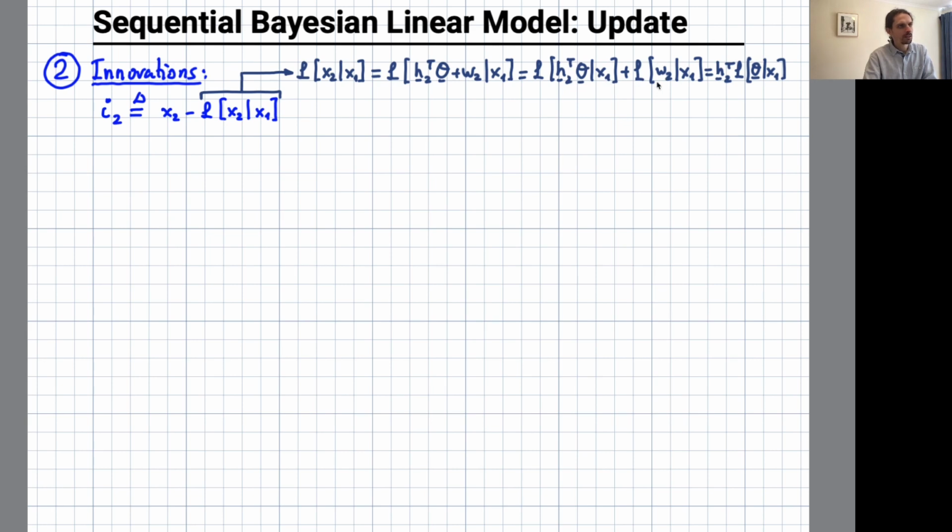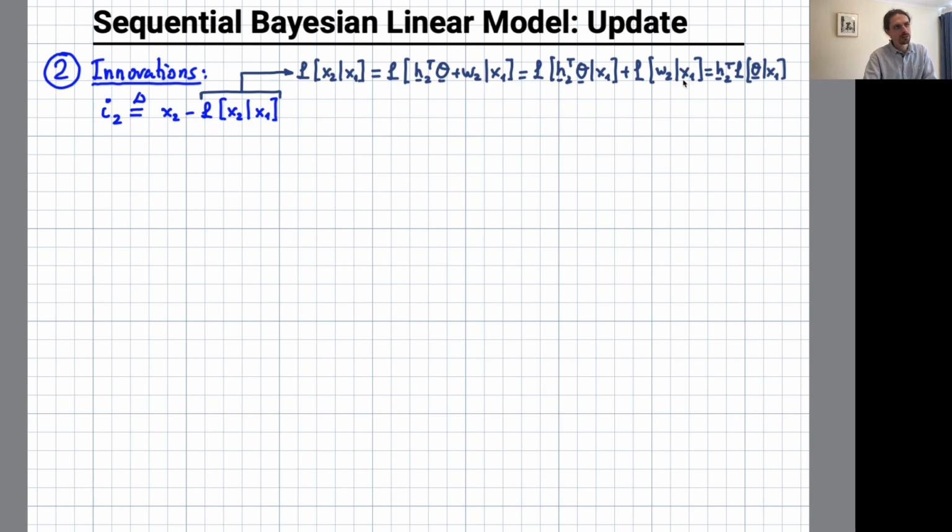And now we just need to realize that W2 and X1 are uncorrelated, and therefore this LMMSE estimator equals the prior mean, or the mean of W2, which is 0. So why are they uncorrelated?